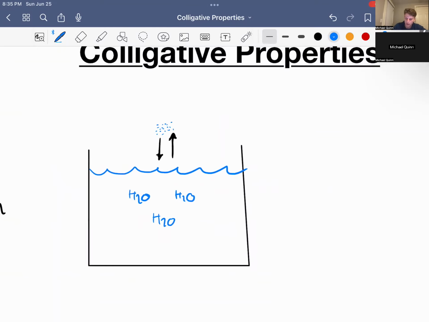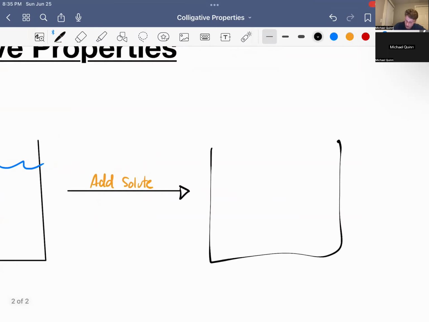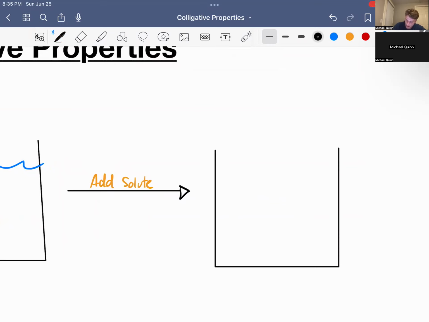Now, what happens when we add the solute? We add solute, and we see this beaker, which was once just pure solvent, now have the solvent and solute.